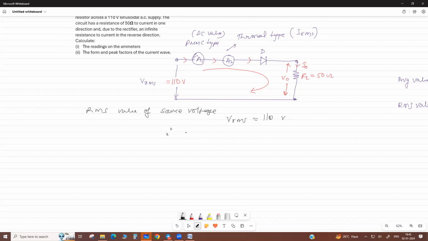Therefore we calculate the peak value or maximum value: √2 into VRMS. कितना होगा? √2 into 110. Peak value we have calculated, 155.56 volt.